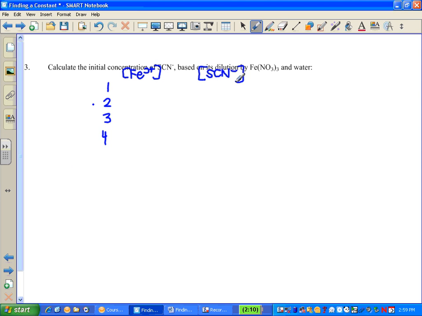It's the same scenario where we have a dilution. So for example, in trial 1, you added 2 milliliters of the thiocyanate ion. So if we look at C1V1 is equal to C2V2, the initial concentration of the thiocyanate was the same, 0.0020.